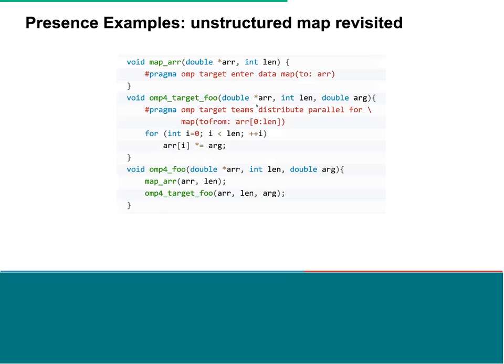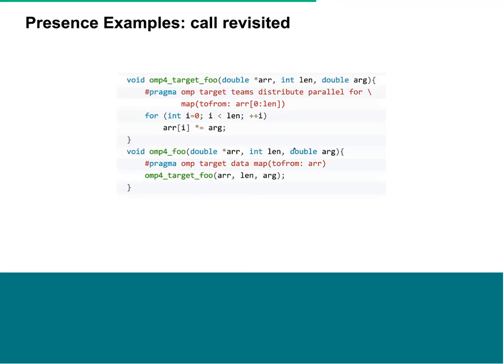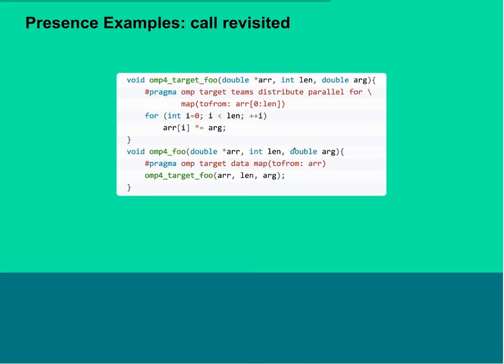So this example that we went over before, unstructured map, target enter data, map to R, map tofrom R in the other function, is now working correctly. And in point of fact, as of OpenMP 4.5, the extra map tofrom on len here with array and length here is not actually necessary. It's found by default. The call example from before also works.